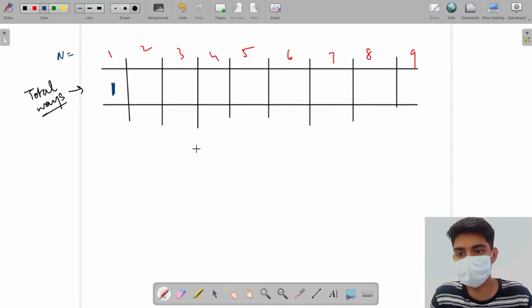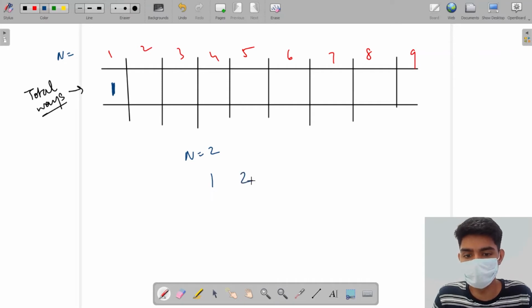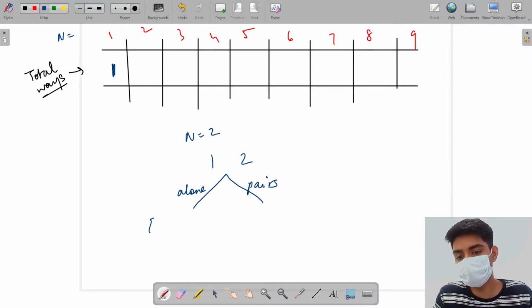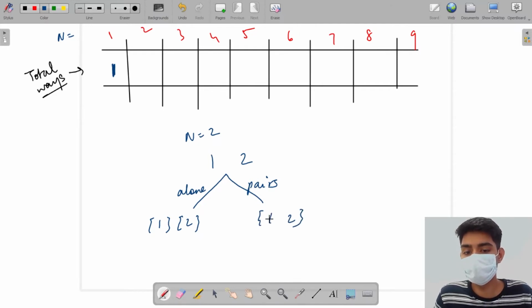Let's see this for n equals 2. For n equals 2, I have two friends, 1 and 2. Now 1 and 2 can either go alone or go in a pair. If 1 and 2 decide to go alone, both of them are going alone. But if they decide to go in a pair, we would have 1 and 2 both in a pair. We cannot have 1 and 2 paired up with someone else, because there are only two people.